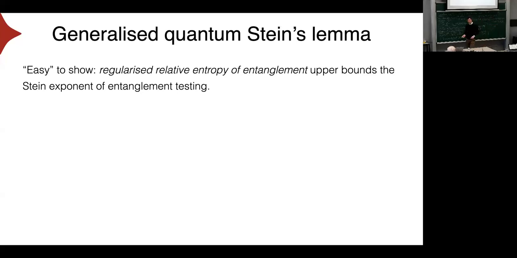If n is not a multiple of k, you append some junk separable state to pad until you get to the next multiple. It's totally fine. You don't lose much. By doing this, you can actually show that as an upper bound, you get the regularized relative entropy of entanglement.